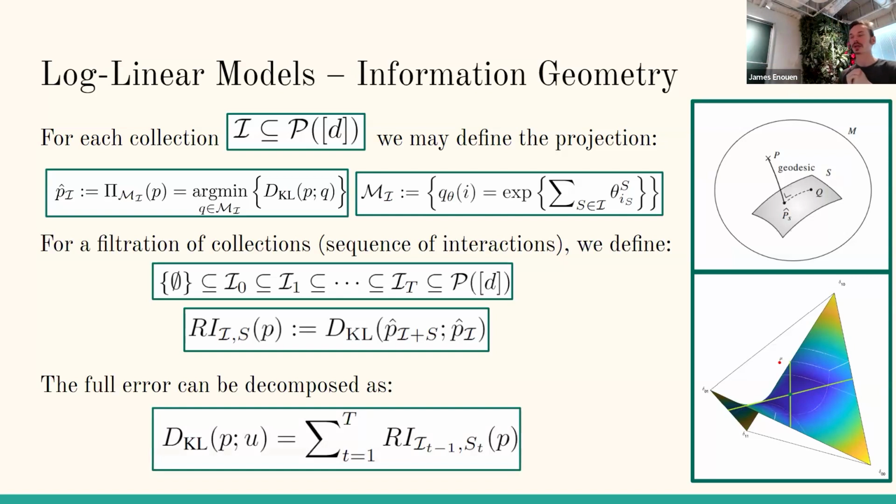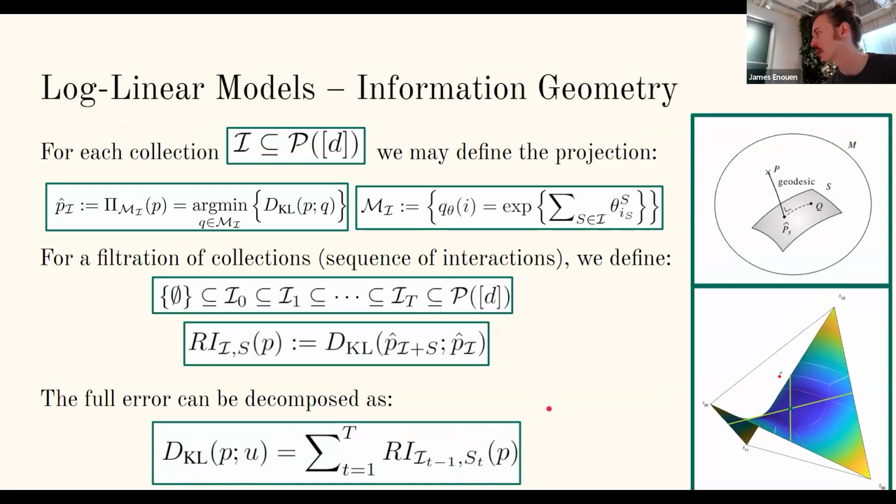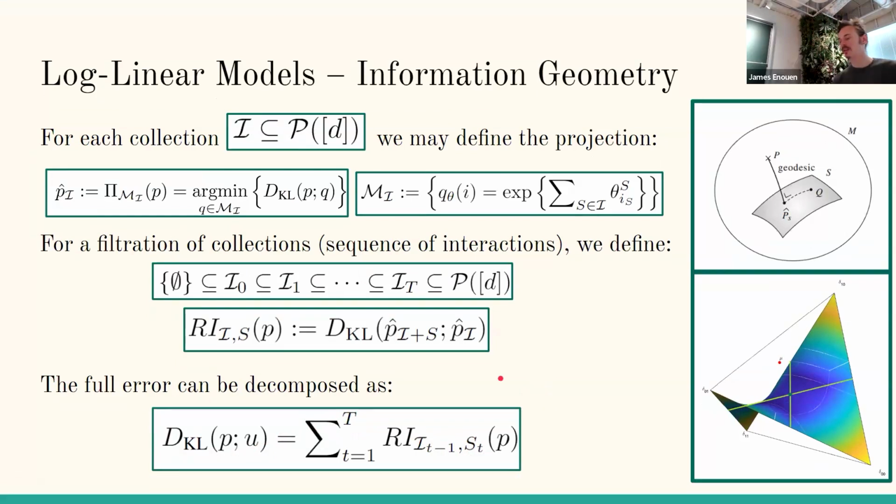In the same way that we had the variance decomposition from earlier, we can decompose all of the important error information into each of these different interactions. So this is our S_t corresponding to our sequence of feature interactions. Then we can have each of these corresponding to the error.